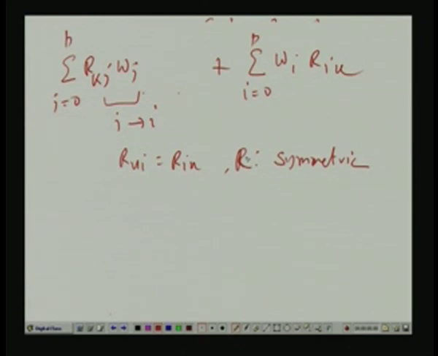That means what I have here, I can write as again W i R i k, and that is what I have here. So, twice W i R i k, i from 0 to p.